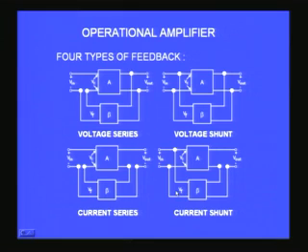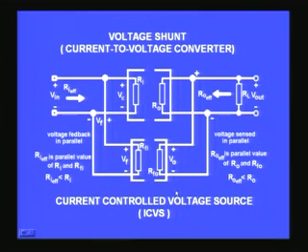These are the 4 different circuits, and now what we are going to see is the second type, where we sense voltage at the output in parallel, and at the input also we give it in shunt, in parallel. So this is the feedback that we are going to discuss now.